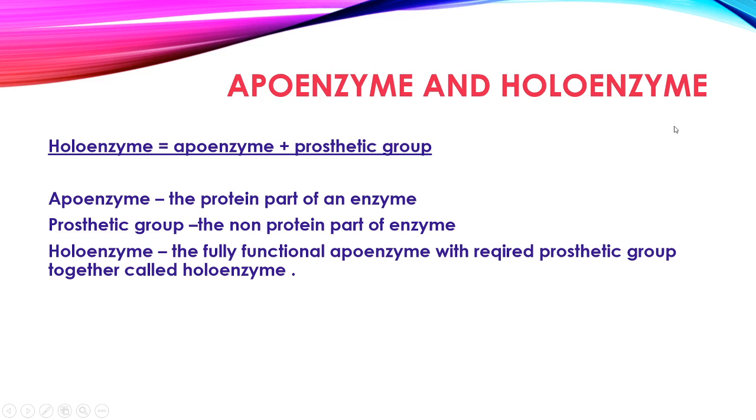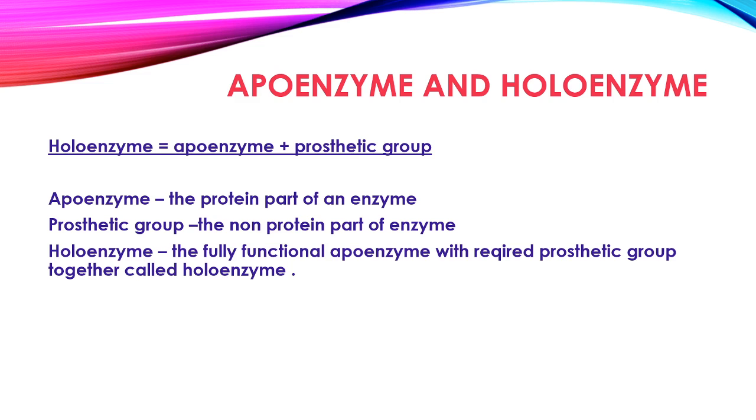Apoenzyme and holoenzyme. Here, in very simple terms, what is apoenzyme and what is prosthetic group? Holoenzyme and prosthetic group are very important terms. Apoenzyme means the protein part of an enzyme.